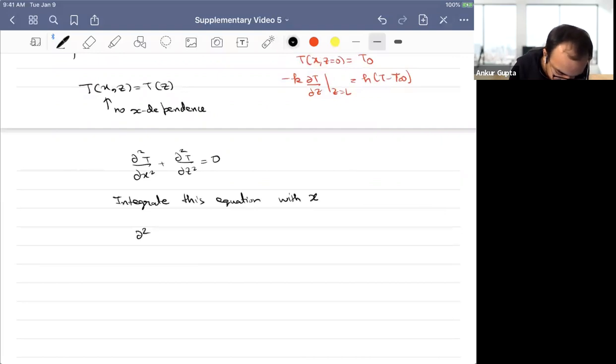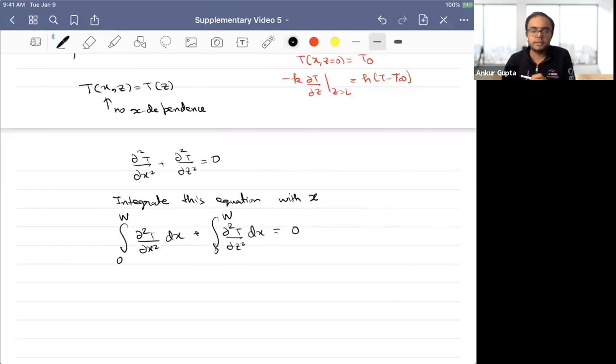So we integrate del square T by del x square dx from 0 to w, plus the integral of del square T by del Z square dx from 0 to w, which is also equal to 0, right? We integrate the equation with x.